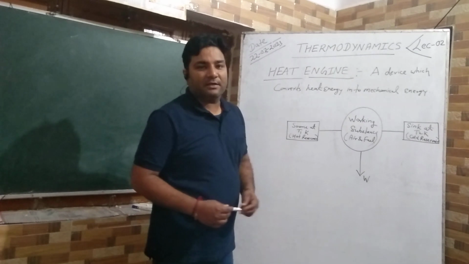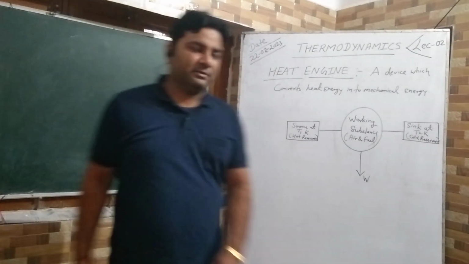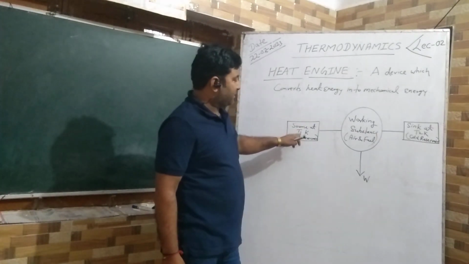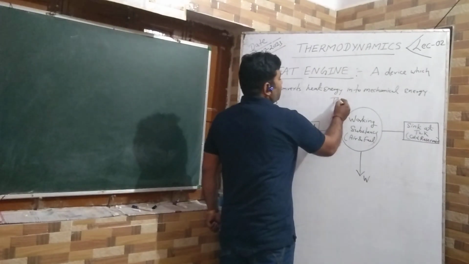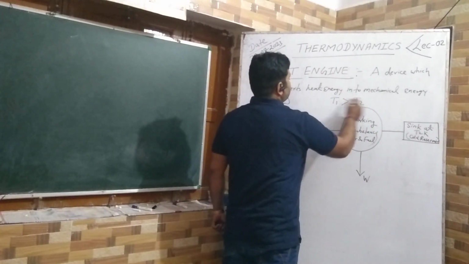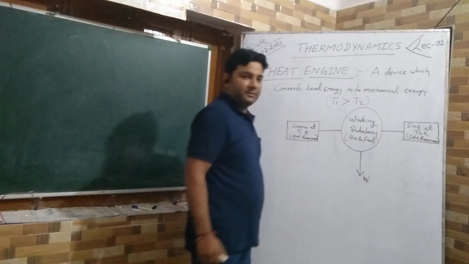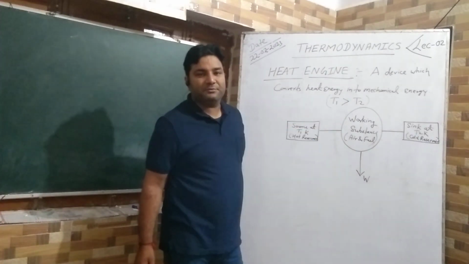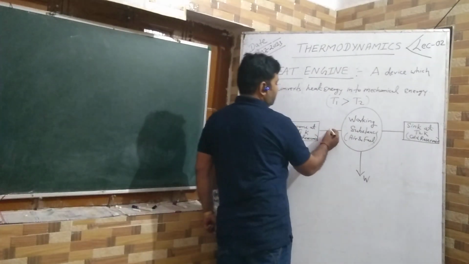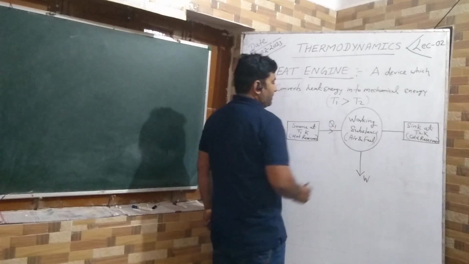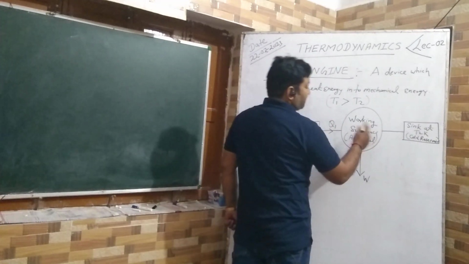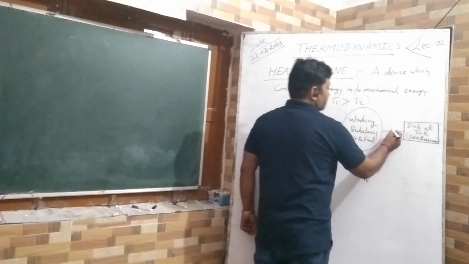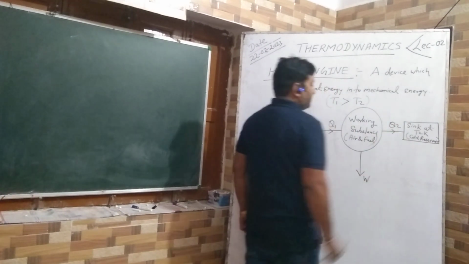And then after this, the concept of how it works. You see, here source at high temperature, that is T1. Here always you should learn that T1 is greater than T2. Then this working substance absorbs heat from the source, and this heat is represented by Q1, and then a certain amount of heat is transferred to the sink, that is Q2. Clear?